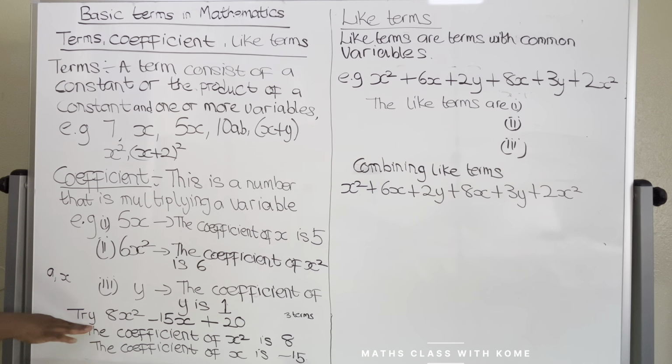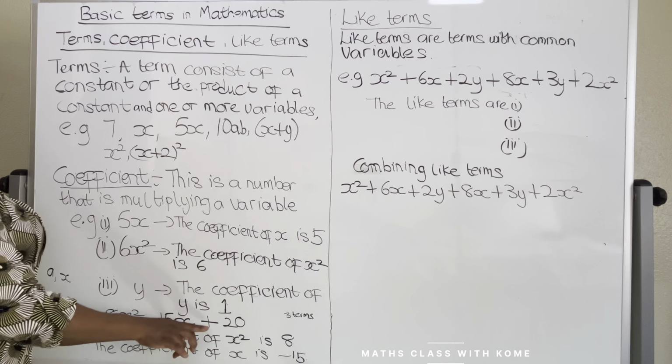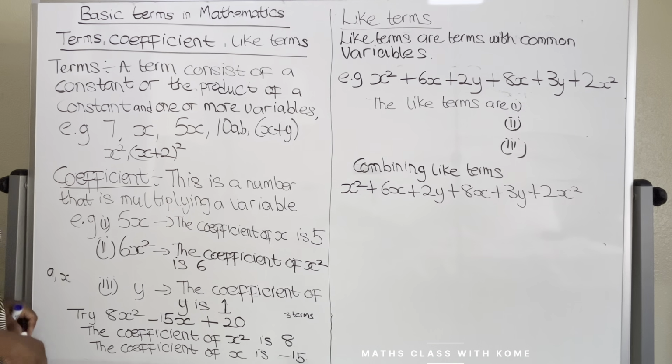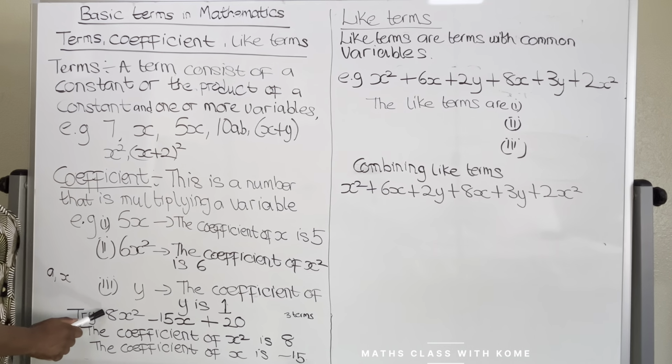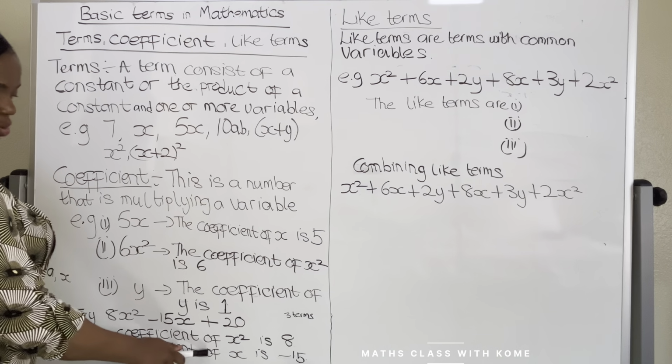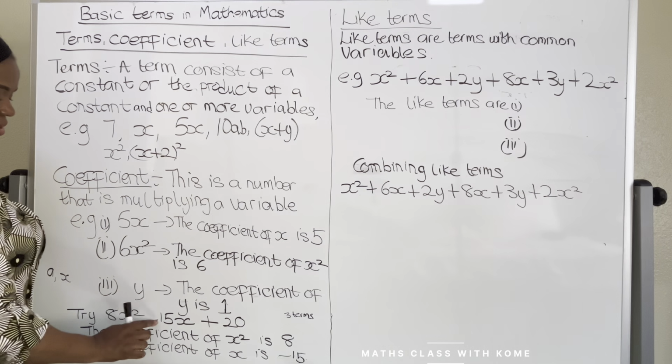Now let's look at this expression. 8x squared minus 15x plus 20. Here, the coefficient of x squared is 8. The coefficient of x is minus 15.